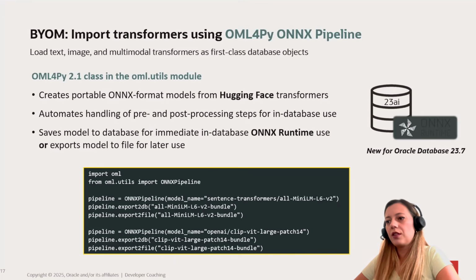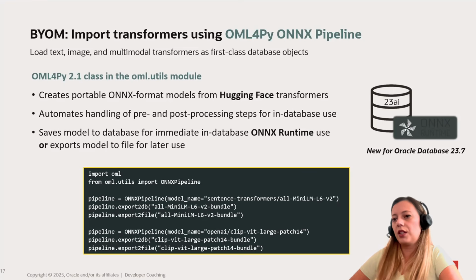If you take a look at the first example that we have there, we create an ONNX pipeline with a model name like all-MiniLM. This is for fast text embeddings. We call the export to DB function to deploy directly in the database, but we also call the export to file to keep a local bundle in case we need it later.